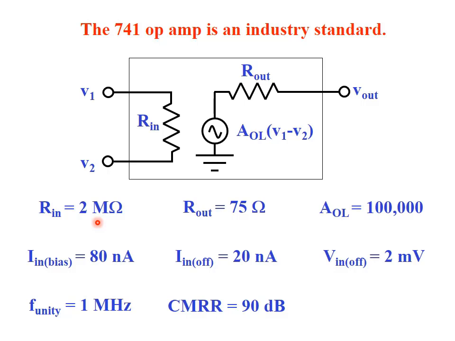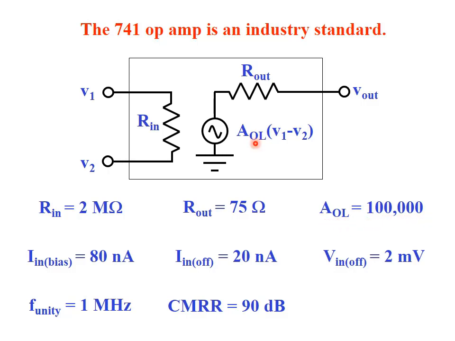The input impedance of the 741 is 2 mega ohm, which is a suitable high input impedance, and R out is 75 ohm, which is a reasonable low output impedance, and the open loop gain is 100,000.